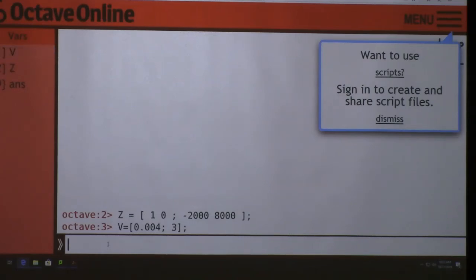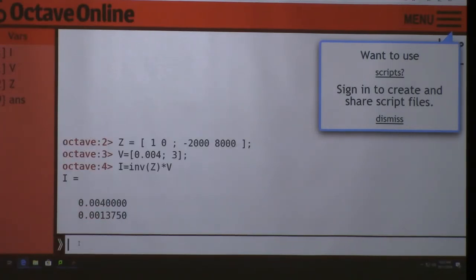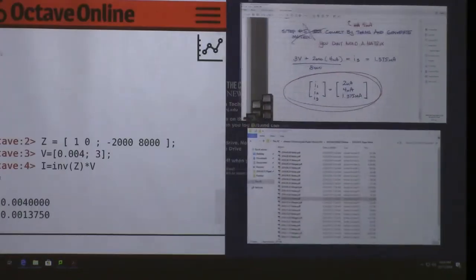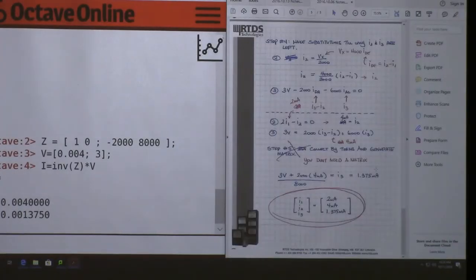And then our currents, all right, is equal to the inverse of Z times V. All right, so if you look, this is a previous version of the notes.